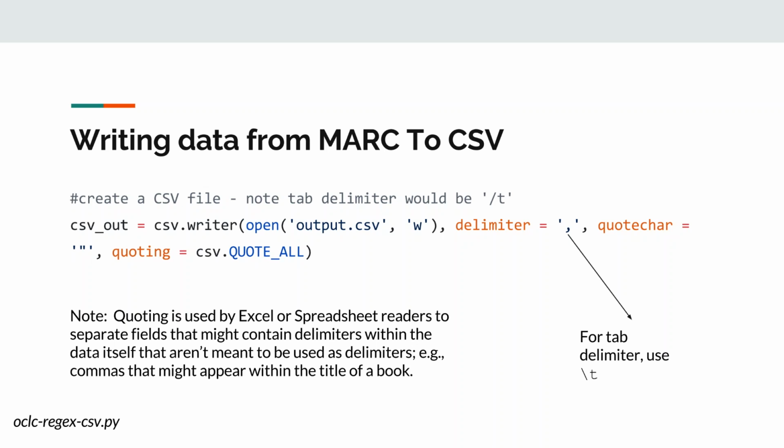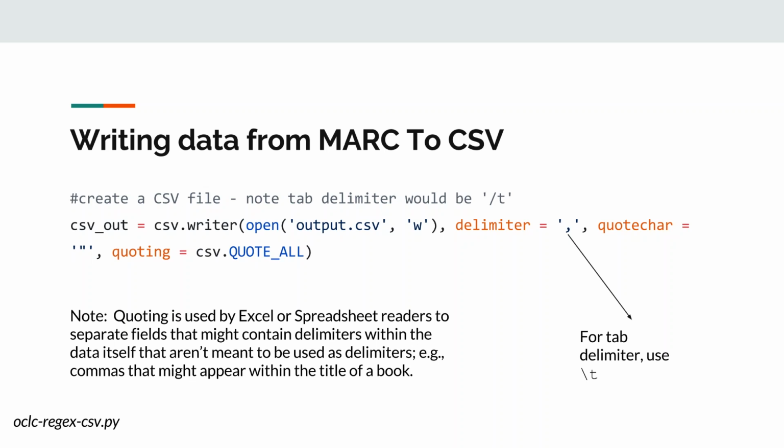Quoting can become a little bit tricky for those of you who might be working in WMS systems with KBART files. Sometimes if you've output a KBART file and you're getting some kind of invalid statement, try removing the quotes, since you might not necessarily need them.